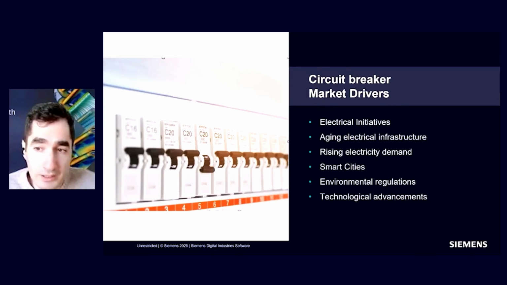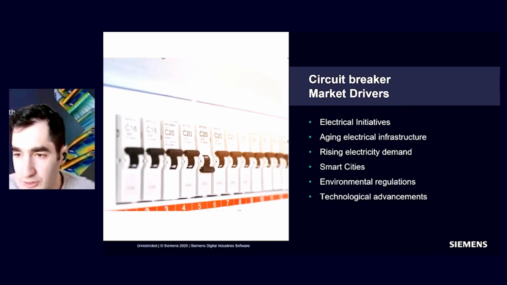The need to upgrade aging electrical infrastructure is creating a demand for new and more reliable circuit breakers. Rising electricity demand: as global electricity demand continues to rise, there is a growing need for reliable and secure power supply systems, which include circuit breakers.